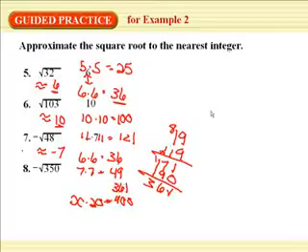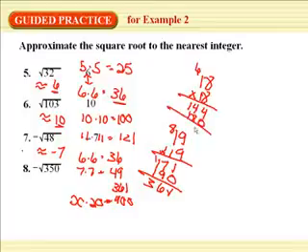So it's not 20, so I have to do 18 times 18, which is 324. So 350 is closer to 19 times 19, so it's approximately negative 19. So that's how you approximate your square roots.